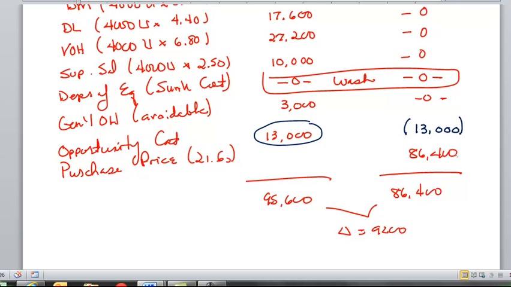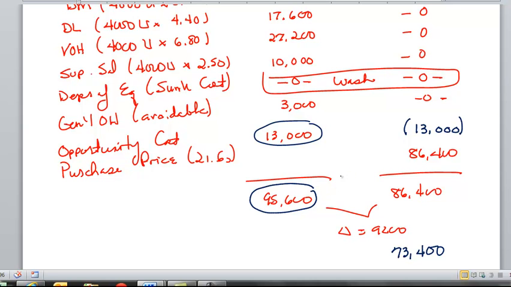And if it's a reduction of my cost of purchasing the units, so $86,400 minus the 13,000 of revenue gives me total cost of 73,400.